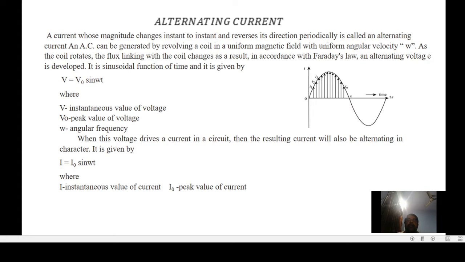When the use of electricity became widespread, certain disadvantages in the use of direct current became apparent.